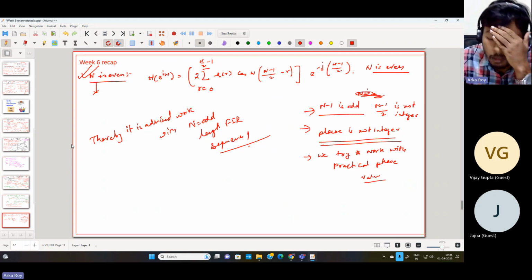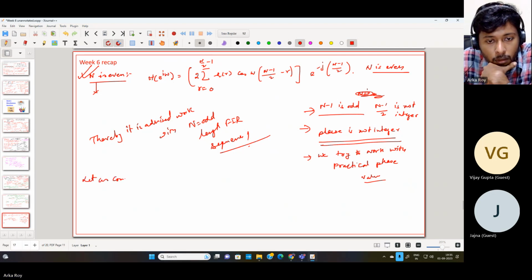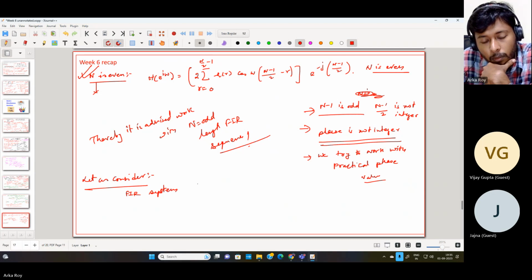Additionally, there are some rules also associated with the FIR systems. So let us consider the FIR system has a 0 at location A, then at the reciprocal location, we'll get another 0.